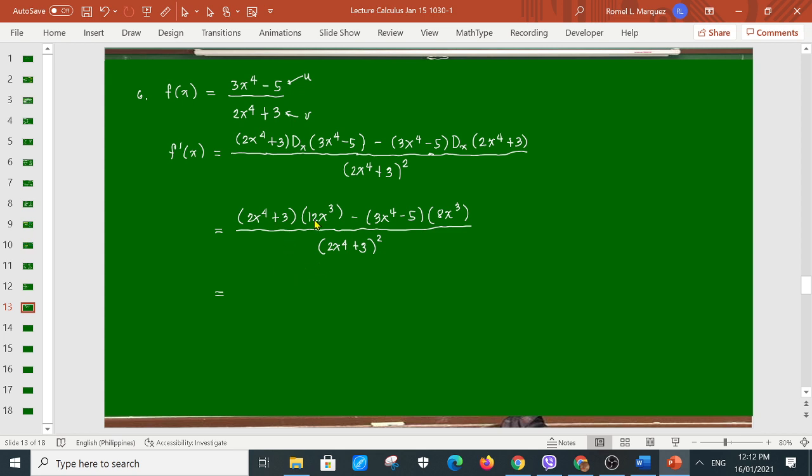Pwedeng factoring, pwede namang distribute. Distribute na lang natin. 24x to the 8 plus 36x cubed minus 24x to the 7. Ito 7 din pala sir.